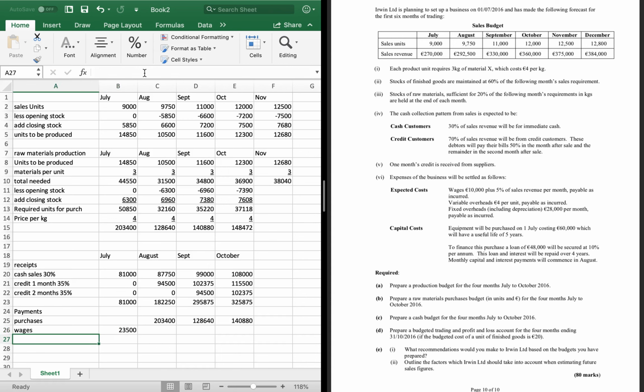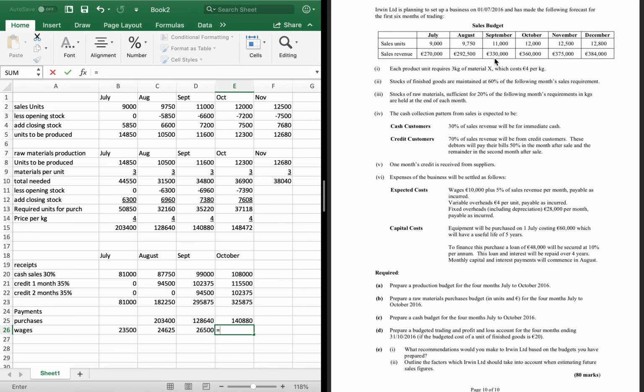So that's 23,500. So for the second one, it's 5% of 2925. And then add on 10,000 for wages. So for the third one, 5% of 330 and add on 10,000.